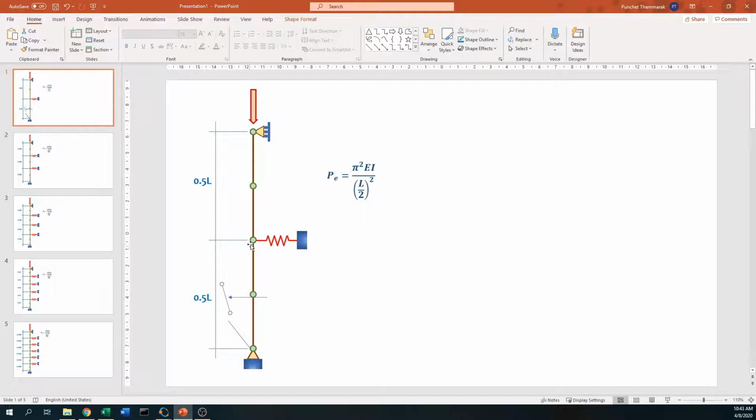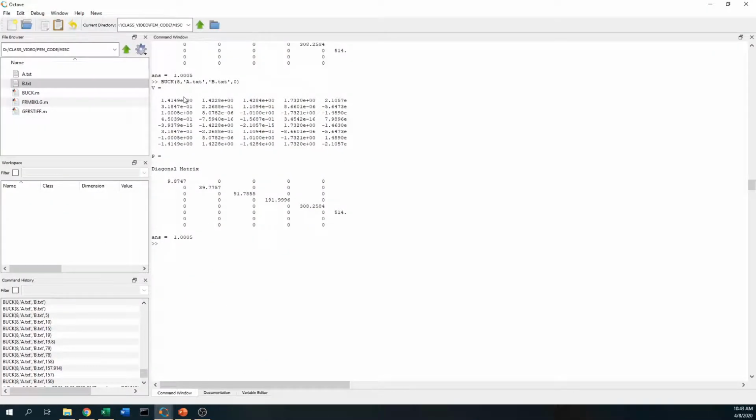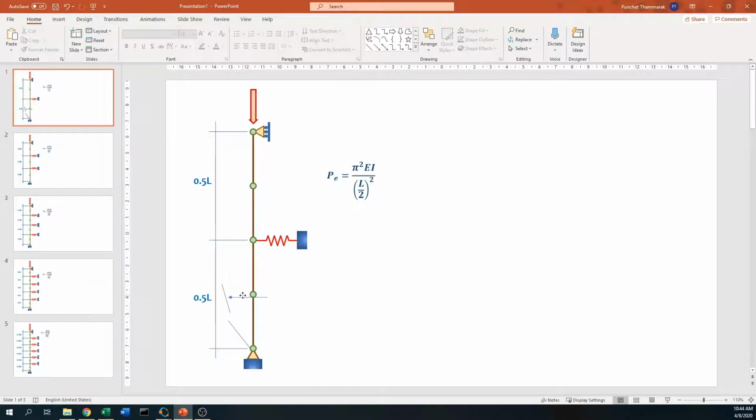Okay, but then when you come to this point here, it turns out this one is going to the negative, but just a little bit negative. Okay, so the springs just give you the movement. Oh, sure, this is the first mode buckling.